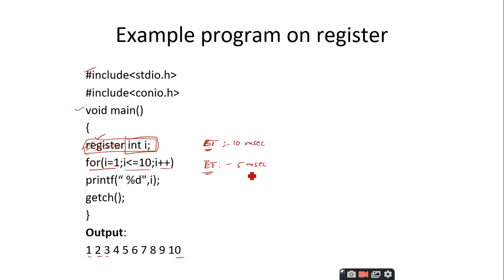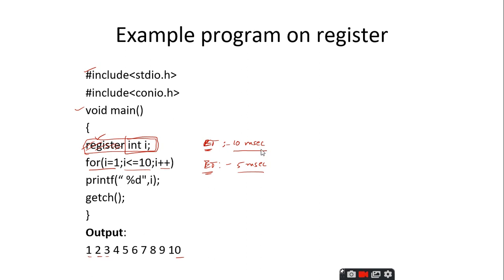This is just for an example to understand the concept, right? So the execution time when you store the variable inside the register will be less when compared to executing the same program with the normal variables. If you have some tool to access the execution time, you can measure it. Obviously, the execution time for the program with register variables will be less than the same program with the normal variables.